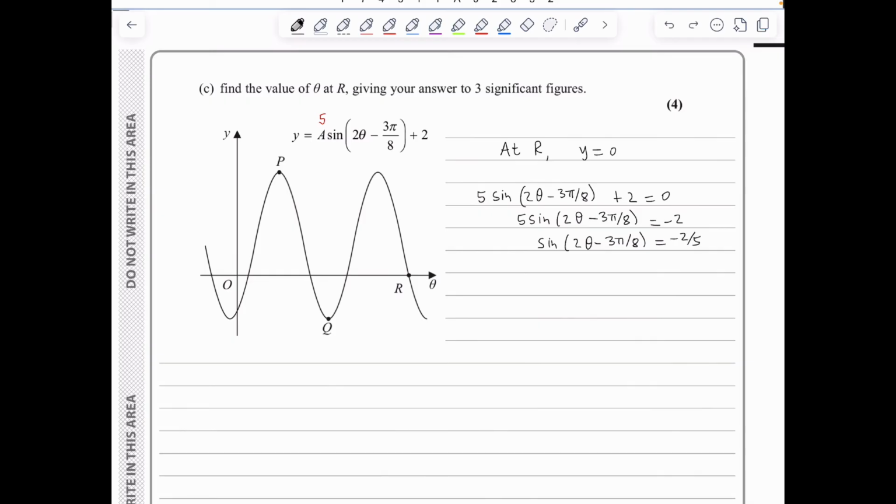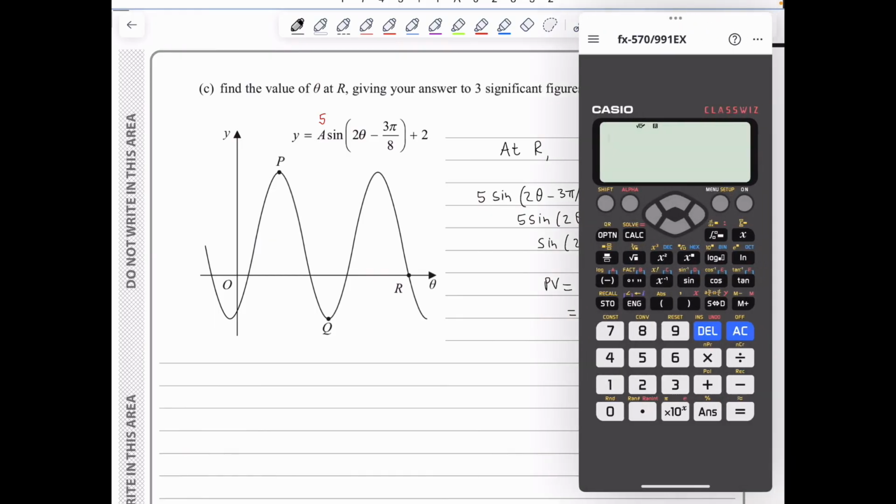I will proceed by finding the principal value, which is given by shift sine of minus 2 over 5, which gives an answer of minus 0.4115 dot dot dot. So if I go on my calculator here, shift sine of minus 2 over 5, I'm in radian mode, this is the minus 0.4115, and I will store it on A to be used later.